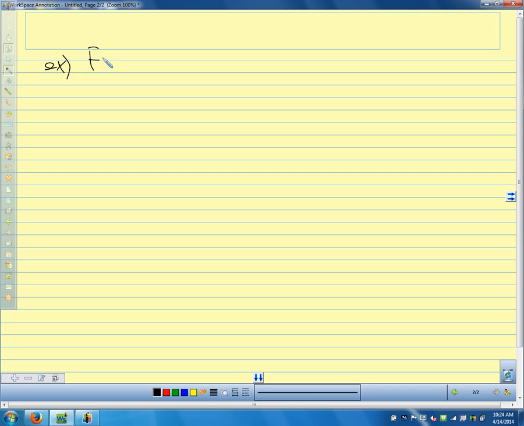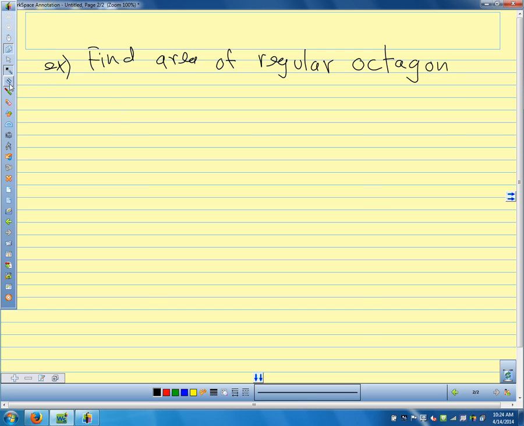So for this problem, we want to find the area of the regular octagon. So let me draw a picture here. My octagons, I know they don't come out perfect, so bear with me.